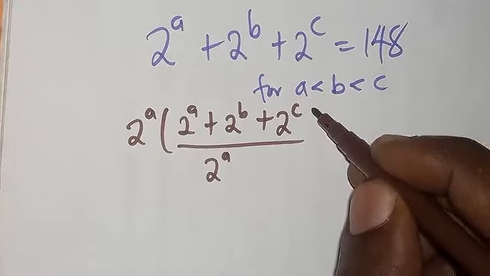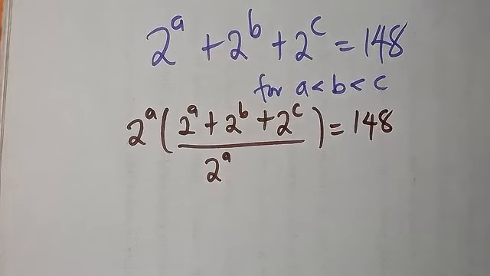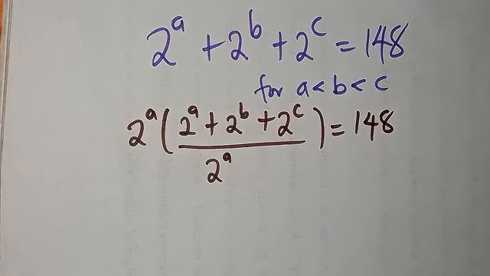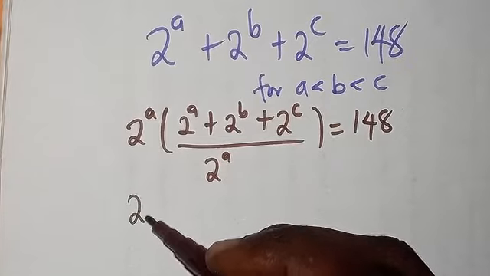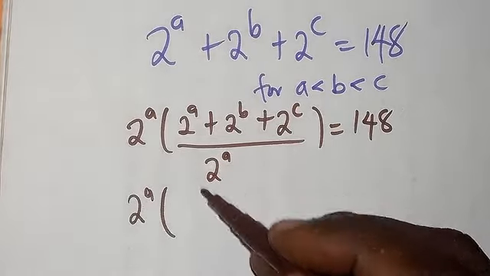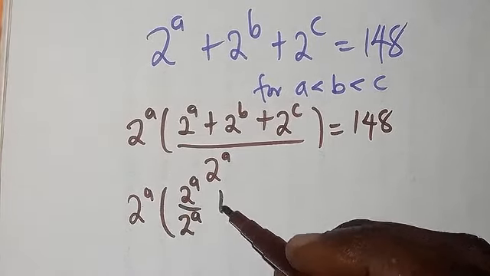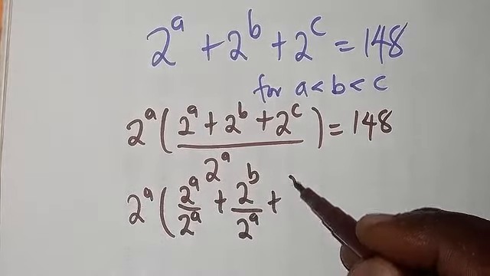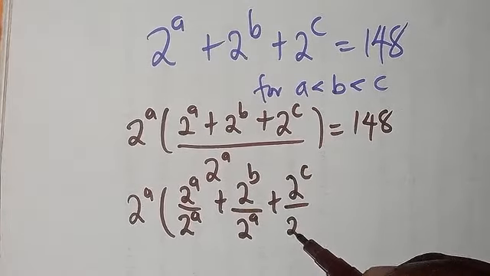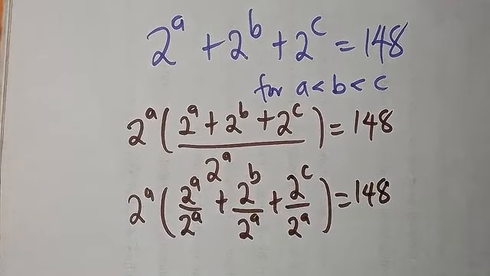So which means we did not actually do anything there, right? Now from there, the next thing we're going to do is to have this be 2 to the power a. Then dividing, we have 2 to the power a over 2 to the power a plus 2 to the power b over 2 to the power a plus 2 to the power c over 2 to the power a, then equals 148, right?